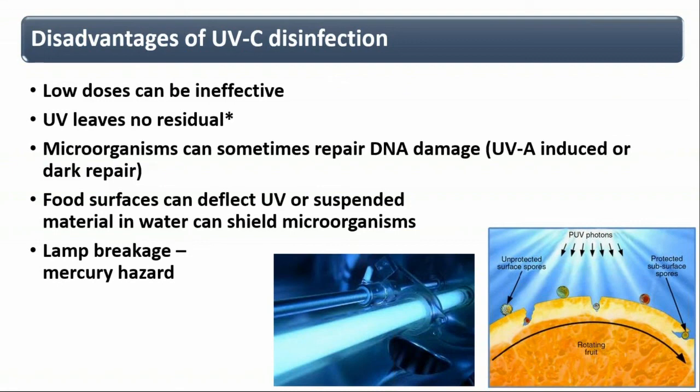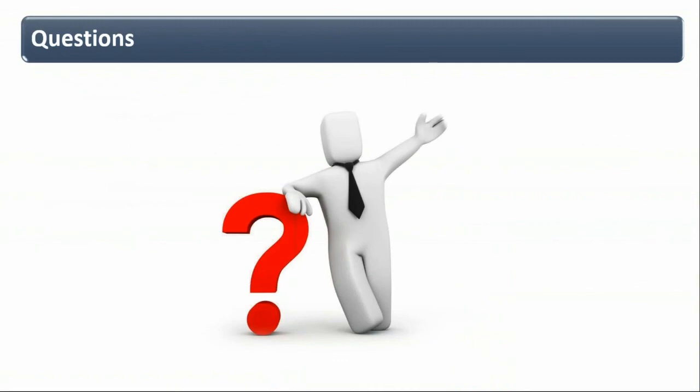And then obviously food surfaces can deflect UV light, or suspended material in liquid forms can shield microorganisms, so one needs to take that into account. And lastly, lamp breakage gives rise to a mercury hazard, but these safety features are normally built into systems so that these risks are very much minimized.